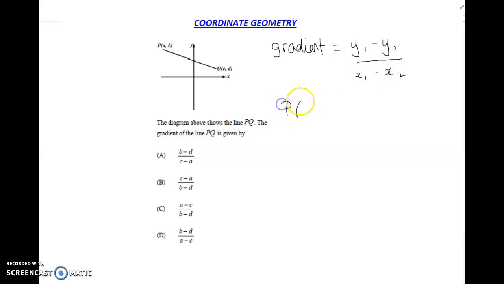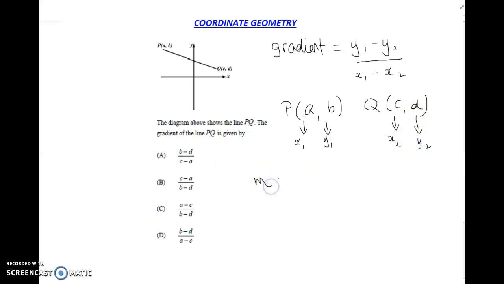So P is A comma B and Q is C comma D. So label the points. Remember the first number or letter is always the x. So label this as x1, this will be y1, right? Then across for Q, this will be x2, and then this D will be y2.